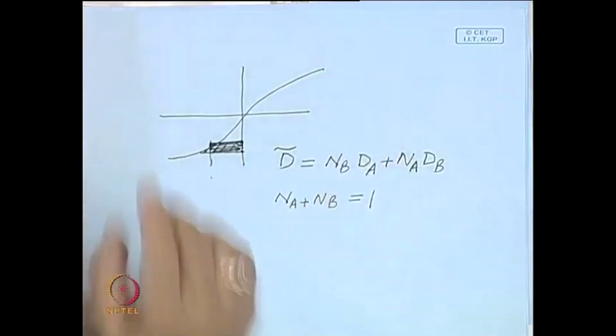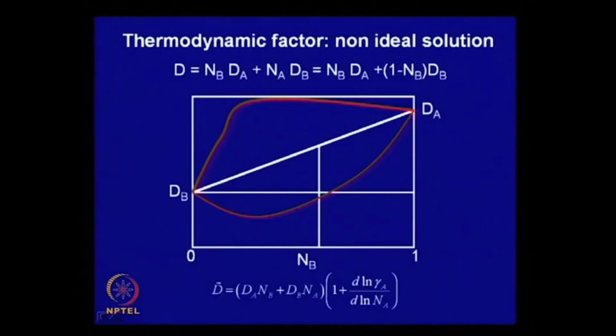So, if you substitute this, what type of variation do you expect? Suppose the intrinsic diffusivity D_A is over here, and this is the other one. If you follow this, then the interdiffusion coefficient should be given by this line.